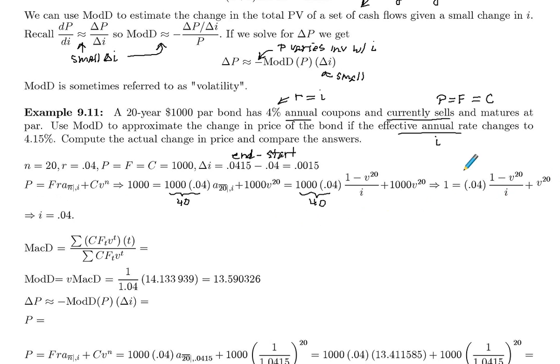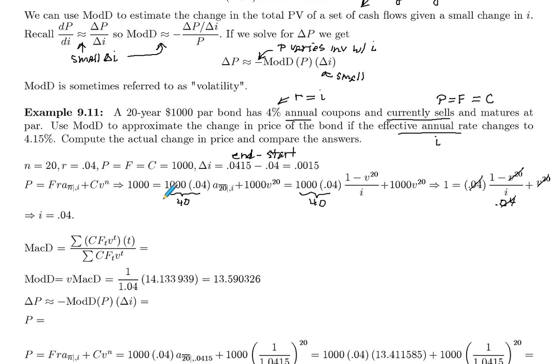Okay, so we want this to be true. And we want to know, well, what effective interest rate I is going to make that true? Well, if I equals 0.04 down here, if the yield is 0.04, then these cancel. And then 1 minus v to the 20 plus v to the 20, these will cancel, and we get 1 equals 1.